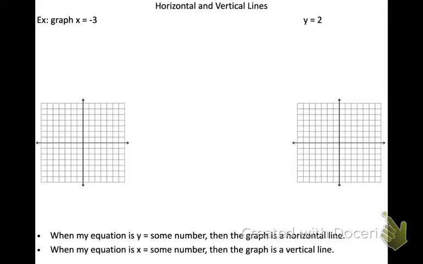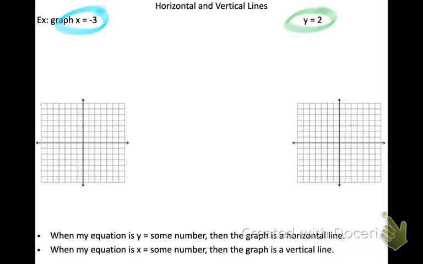Horizontal and vertical lines. So when I look at an equation and I see only one variable, so this is x is equal to negative 3 and y is equal to 2. I don't see two variables, and so when I'm graphing those, they end up turning into horizontal or vertical lines.